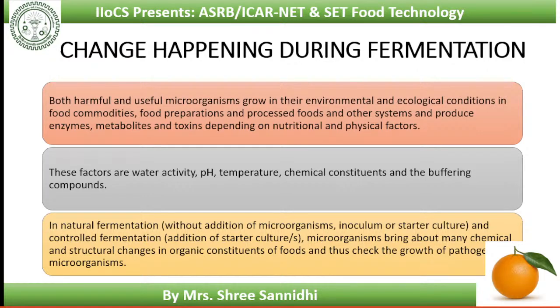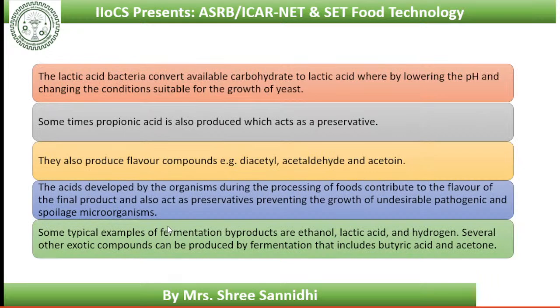Microorganisms bring about many chemical and structural changes in organic constituents of foods and thus check the growth of pathogenic microorganisms. The lactic acid bacteria convert available carbohydrate to lactic acid, thereby lowering the pH and changing the conditions suitable for the growth of yeast.